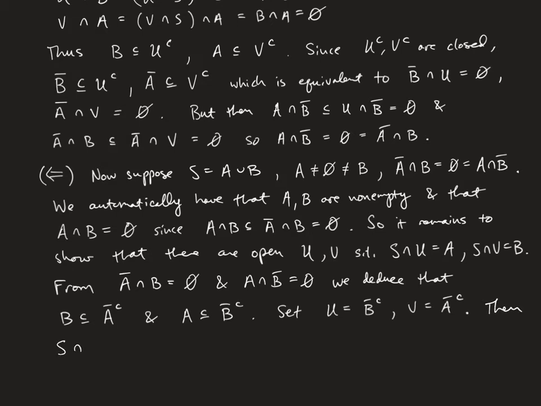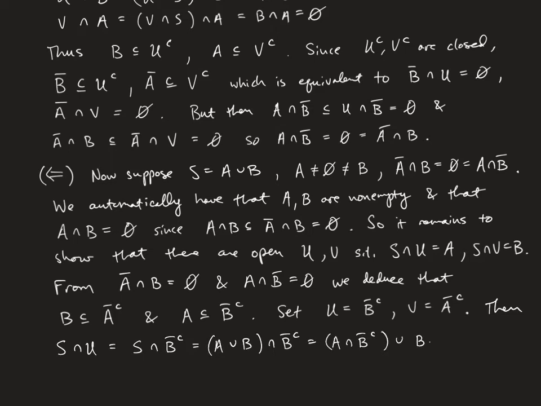So then S intersect U, that's S intersect the complement of B closure, but S itself is A union B. So we have A union B intersect the complement of B closure. One thing we did on the first homework assignment is show that the intersection distributes over the union, right?